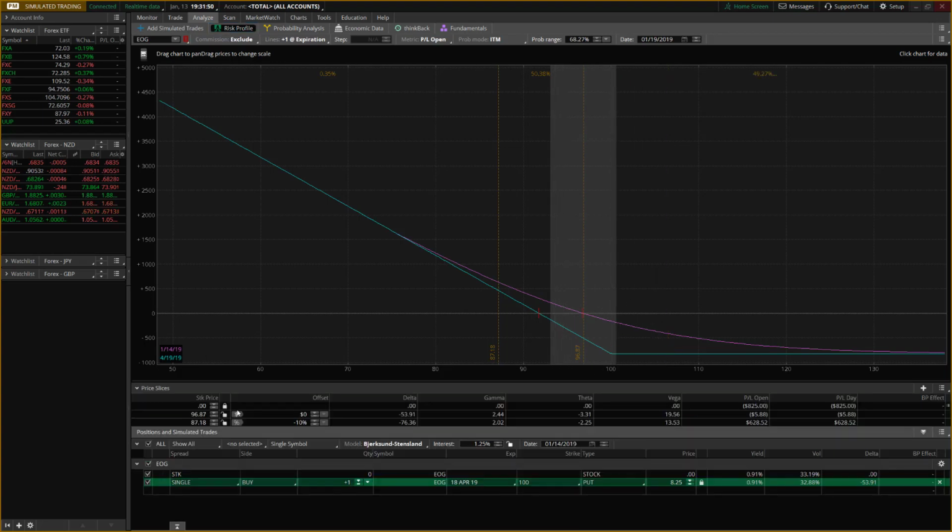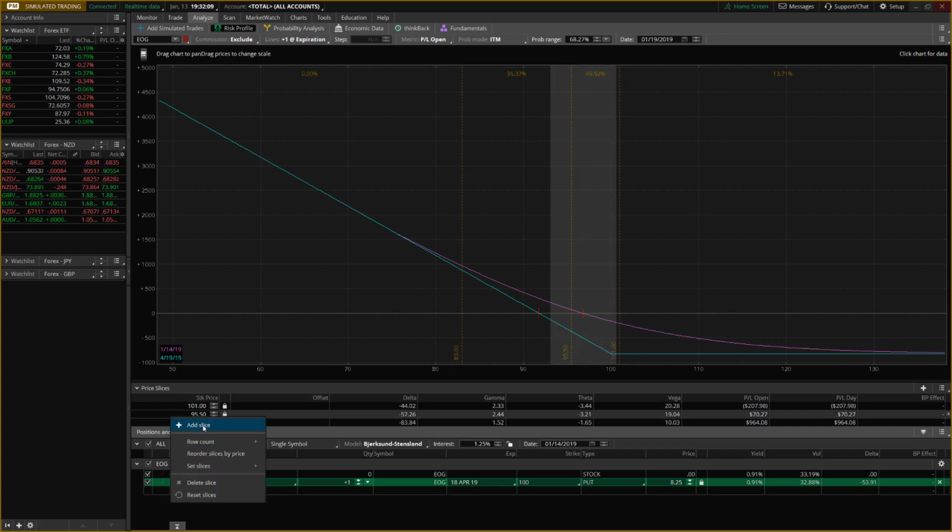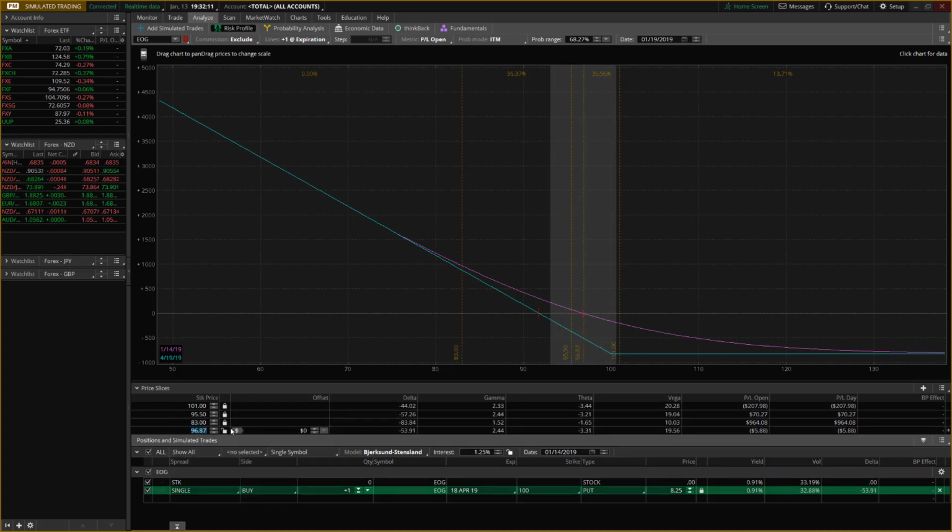We're putting a stop loss at 101. We're entering at 95.50, and we're going to target 83, and then ultimately, and we're going to add a slice there, ultimately 70.